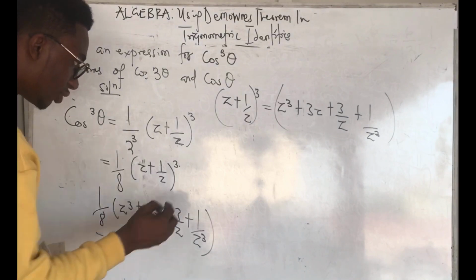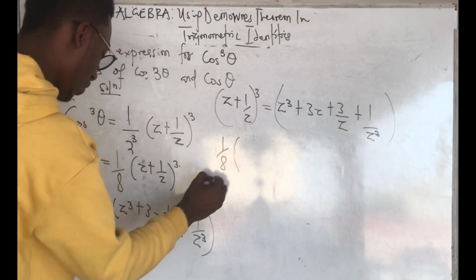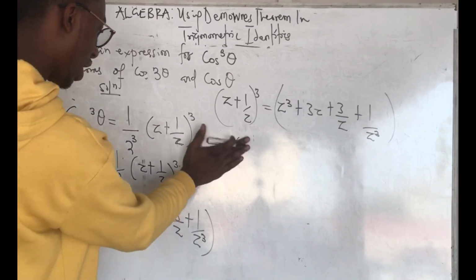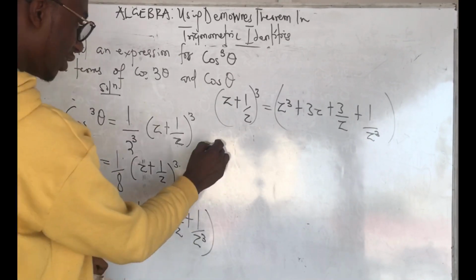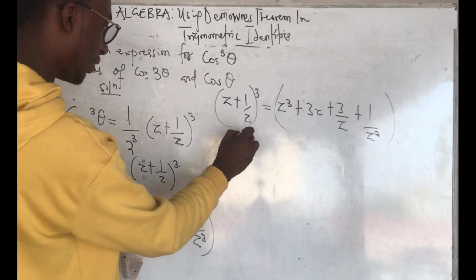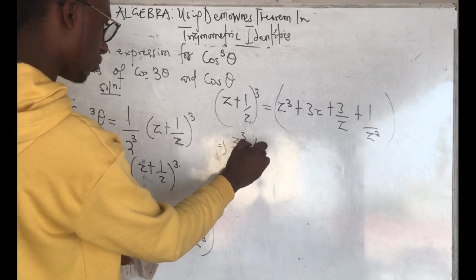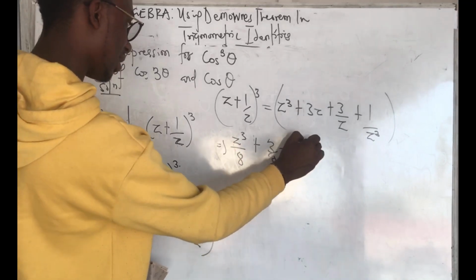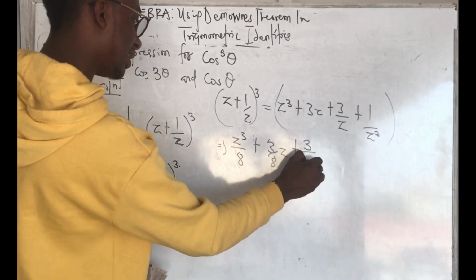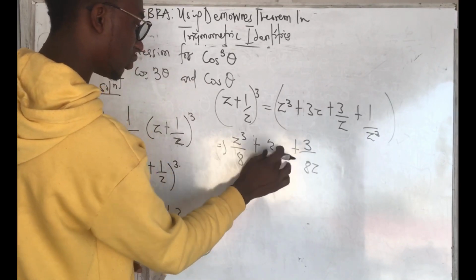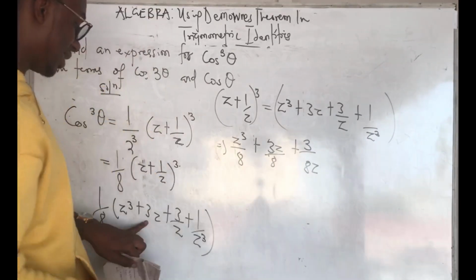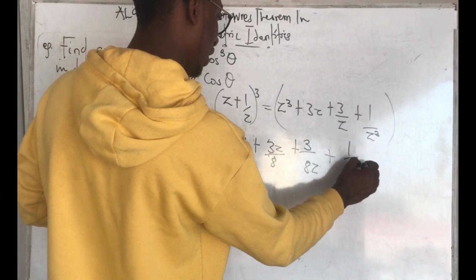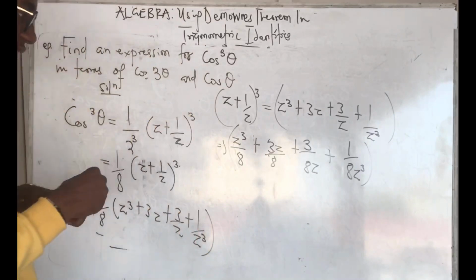Multiplying through by 1 over 8, you have z cube over 8 plus 3z over 8 plus 3 over 8z plus 1 over 8z cube. All right, so this is the expression you are getting.